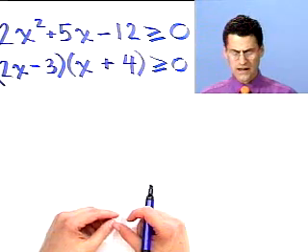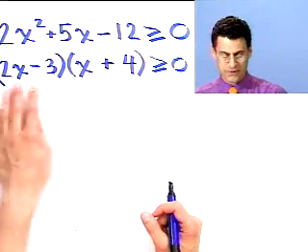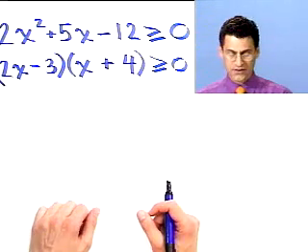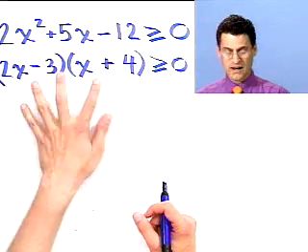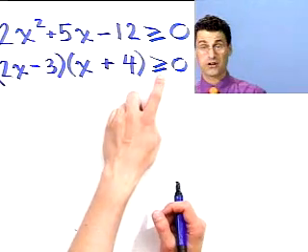Okay, well, great. Now I've got this thing going on here. And what I have to do now is figure out when is this positive, or in fact greater than or equal to 0. Well, here's a way of thinking about this. Look, I've got two numbers, and their product is bigger than or equal to 0. What are the possible signs for these numbers? Well, there's two possibilities.